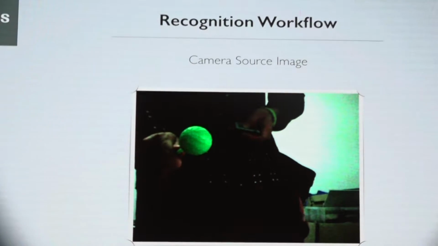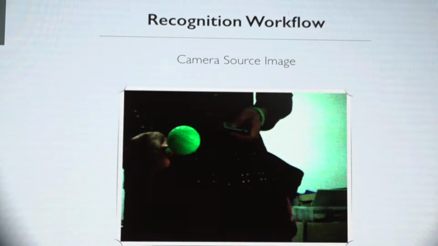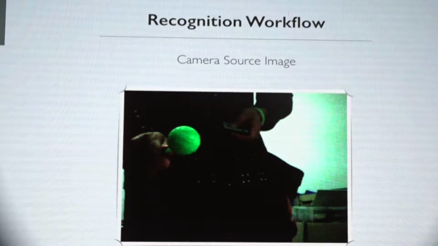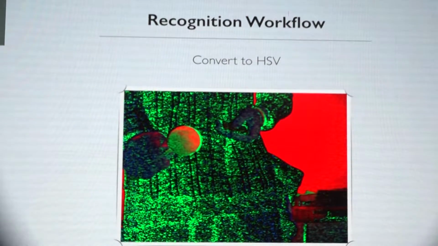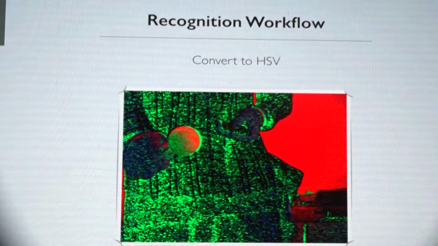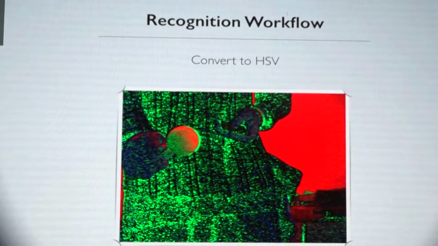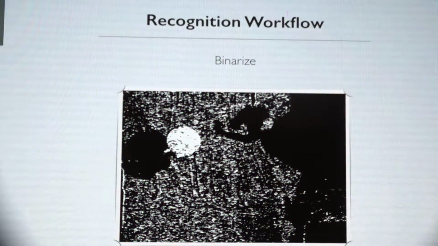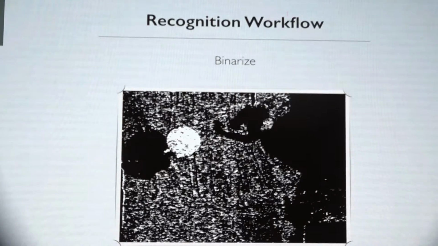So this is our camera source image. To be specific, we first turn this source image into HSV color format and then binarize it. The binarization and HSV conversion are implemented using hardware logic only, because this can accelerate the performance greatly.